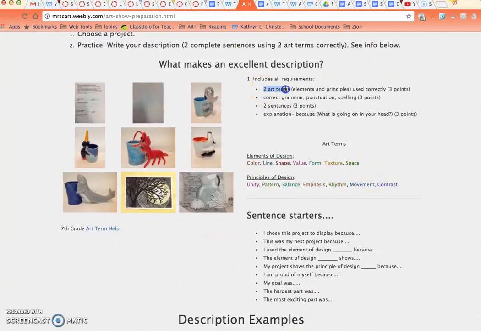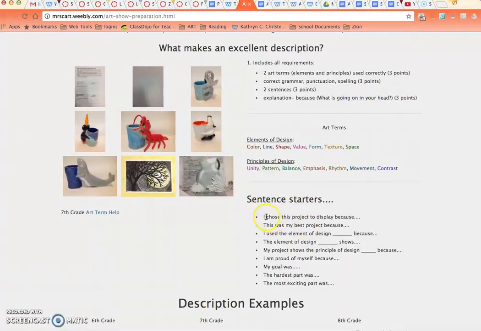Once you've figured out your 2 art terms, you want to make sure that you're getting 2 sentences and a reason why. So what's going on in your head? You can use any of these sentence starters or your own to come up with a really good description for your project. So you could say, I chose this project to display because I think that my lobster has really nice contrast between the red and the light blue, period.